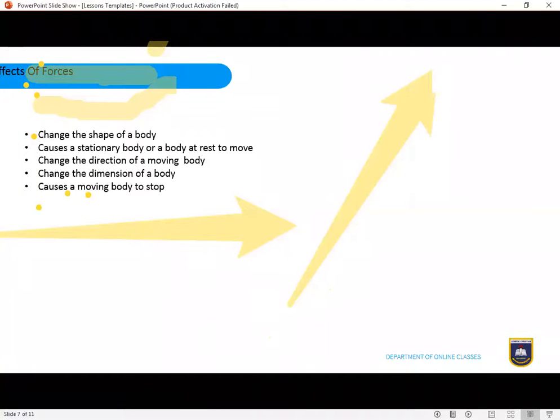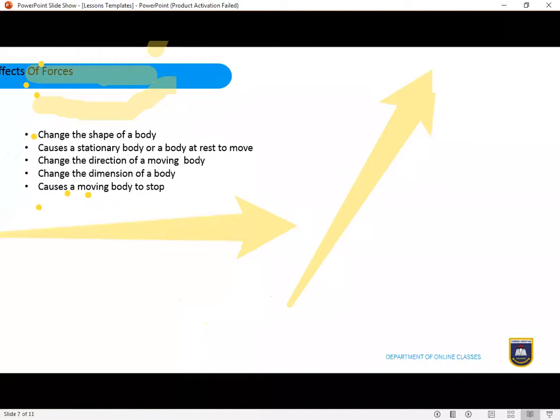It also changes the direction of what? A moving body. Okay. If this is moving in this way and I push it like this, what happens? It begins to move in the direction in which I've pushed it.